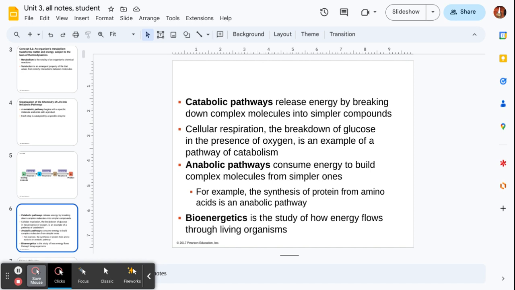Anything you can think of? Steroids, yeah, exactly. So anabolic steroids, their job is to bulk you up, right? Anabolic pathways are those that are taking in energy and making bigger molecules from smaller or more simple molecules. So they're building up molecules.